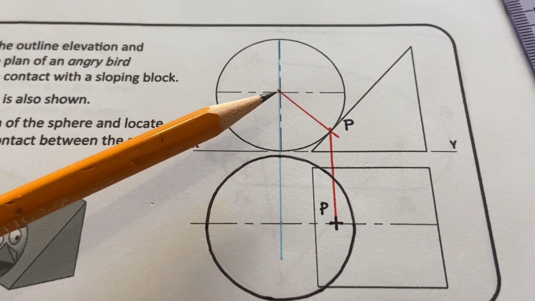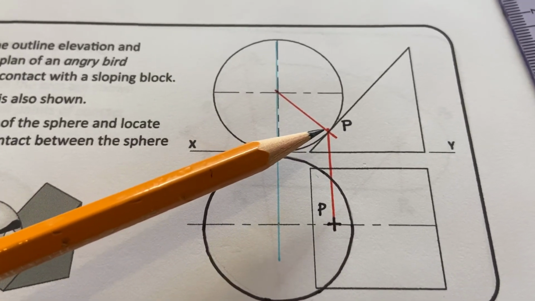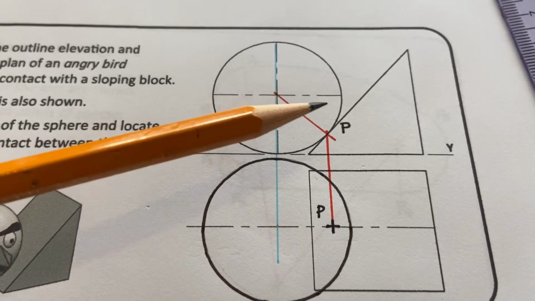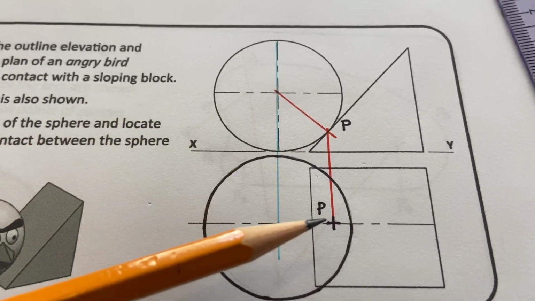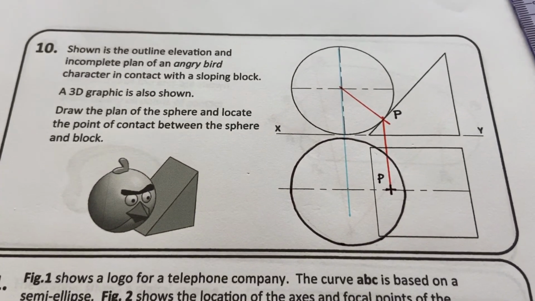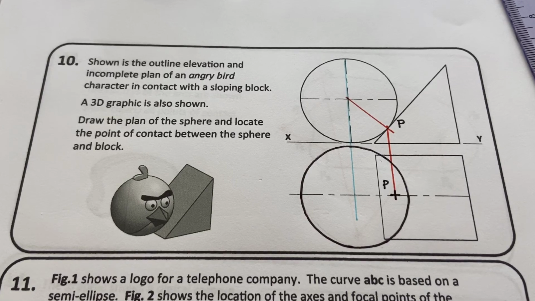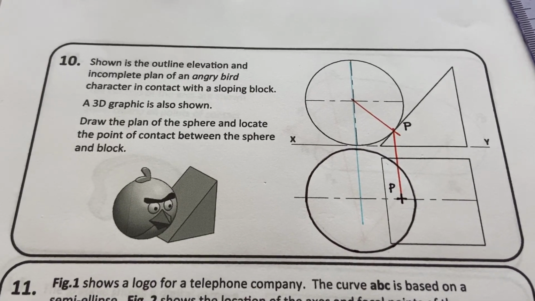Then we bring a line from the center onto the edge of the block at 90 degrees to locate the point of contact. And then we drop that down into plan to get the point of contact in plan. And that completes question 10, finding the sphere in plan and the point of contact in elevation and plan.